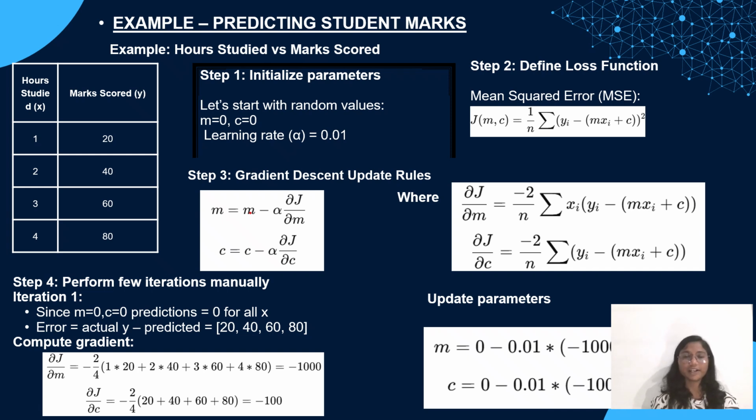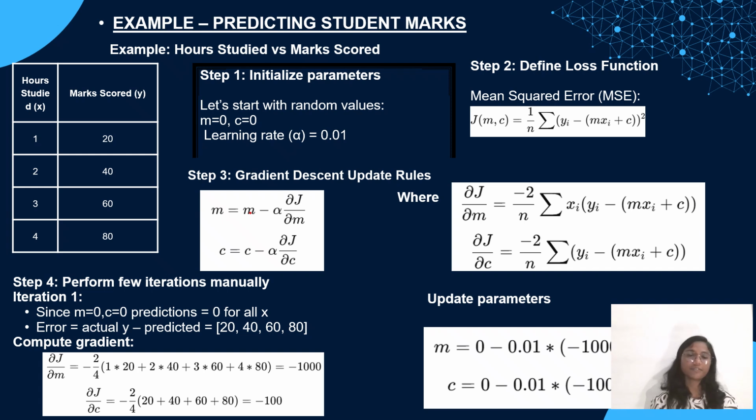Here we get the new value of the y-intercept. In the next lecture we will see the formula of this derivative of J with respect to m and c.